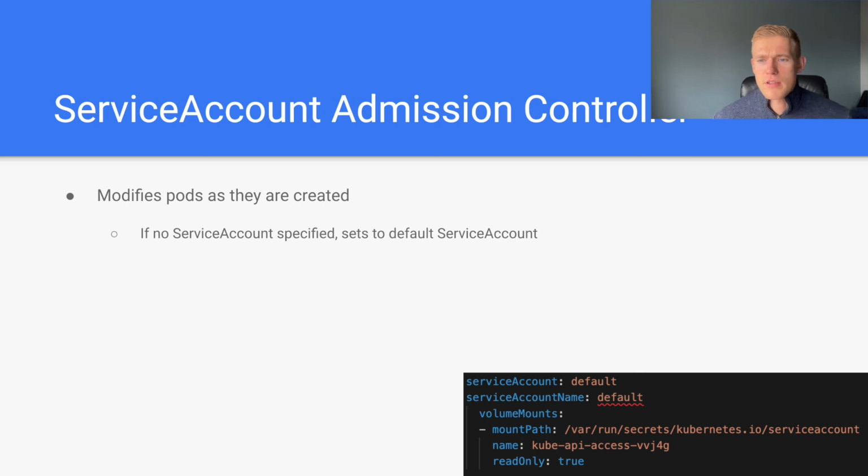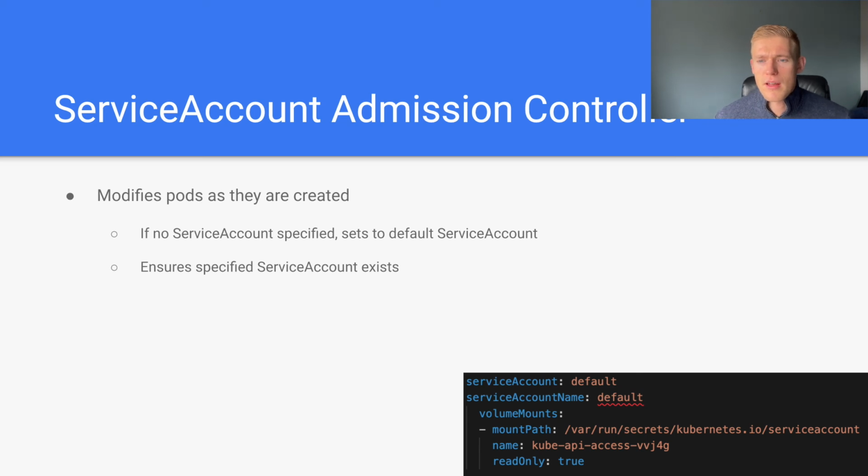So if no service account is specified, it sets to the default service account. As we mentioned, every namespace will have a default service account. If a pod does not have a manually specified service account, the default service account will become that pod's service account. And this is done via the admission controller.